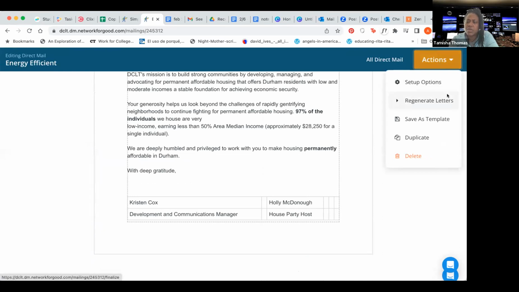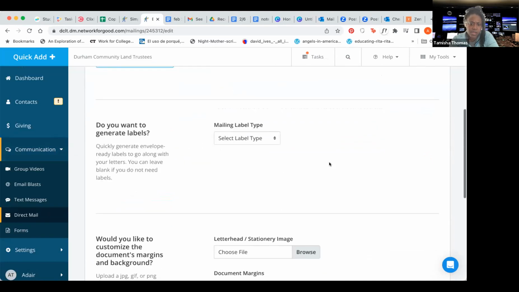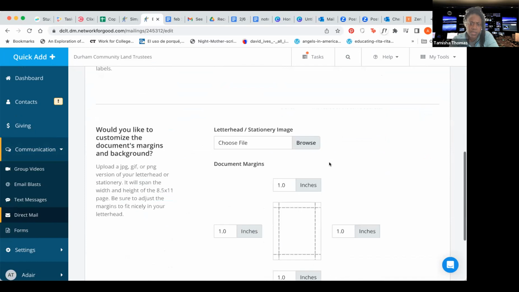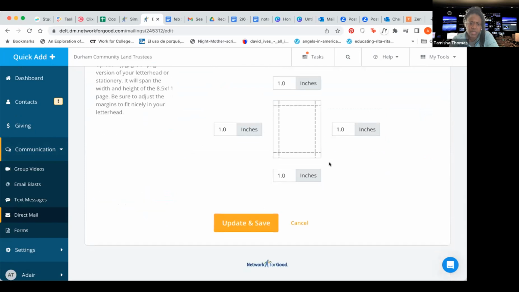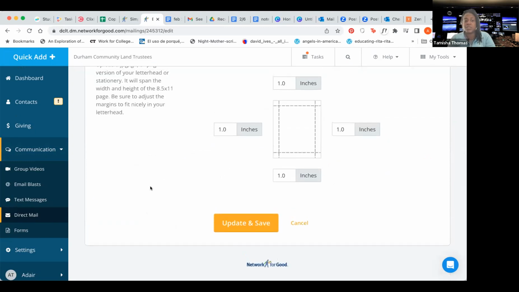Okay. Go to setup options. Okay, choose file, update and say okay. So go down to my tools, and what I'm looking to see is if it allows you to put a pixel in here.